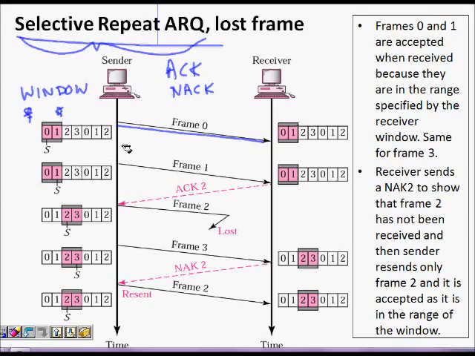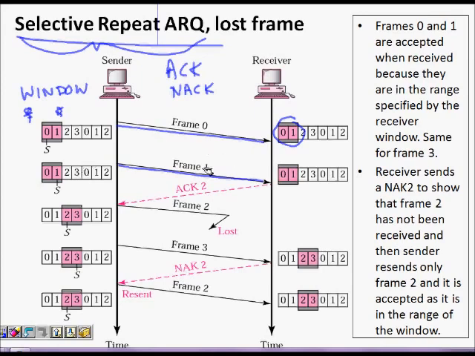There is a receiver window which says I am expecting these packets, and if you send these packets I will accept them. The sender sends frame 0, and also sends frame 1, because I can send as many frames as the size of the window even before getting an ACK.